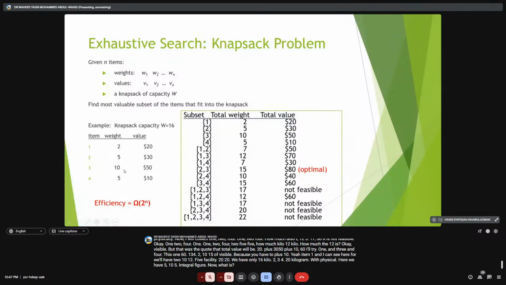Now 1, 2, 3, 4 is 22 kilogram, not feasible. So the optimal solution for the knapsack problem using brute force is 80 USD.